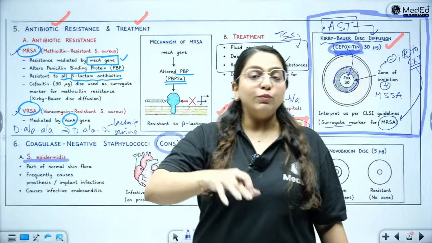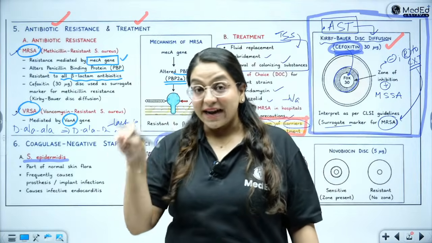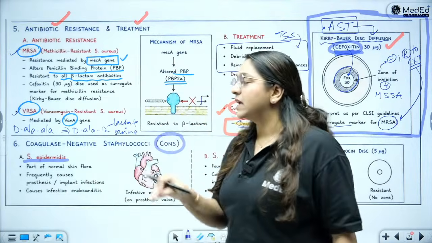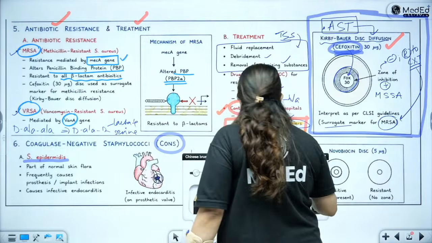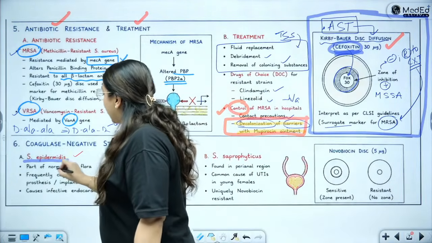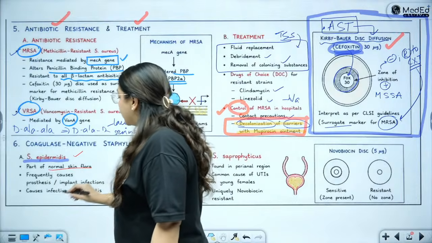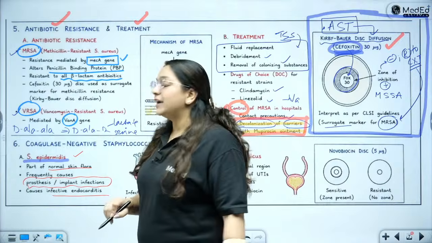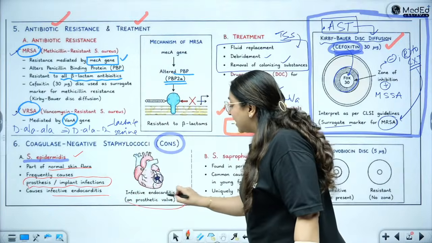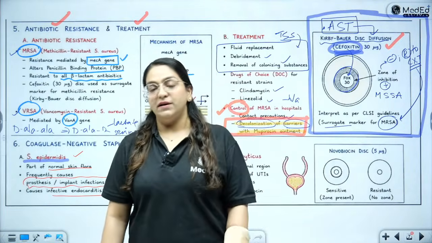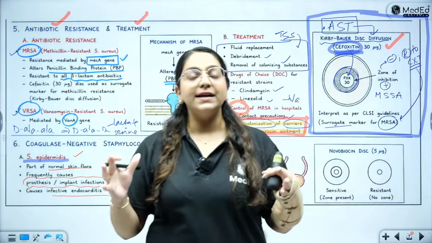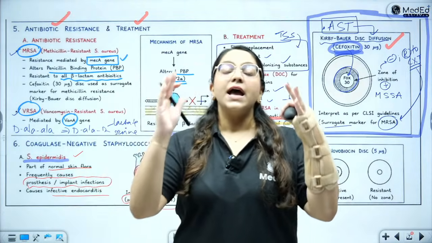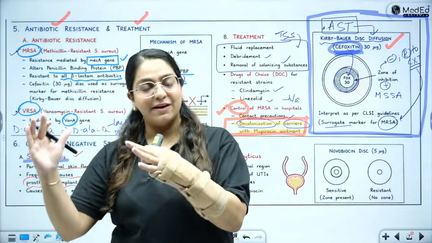So which is the most important cause of prosthetic valve bacterial endocarditis? It has to be Staphylococcus epidermidis. Okay, it is a part of the normal skin flora. It frequently causes prosthesis or implant infections. So infective bacterial endocarditis on prosthetic valves is your Staphylococcus epidermidis. So acute bacterial endocarditis of native valve is Staph aureus.